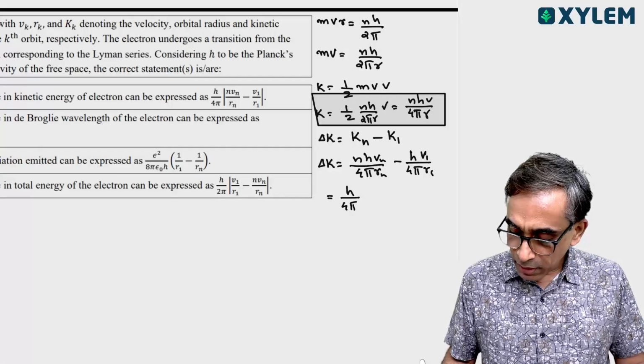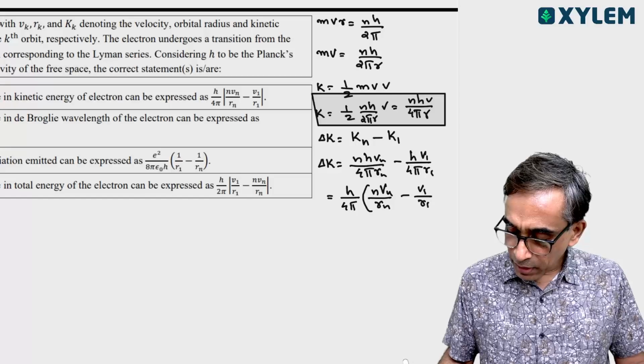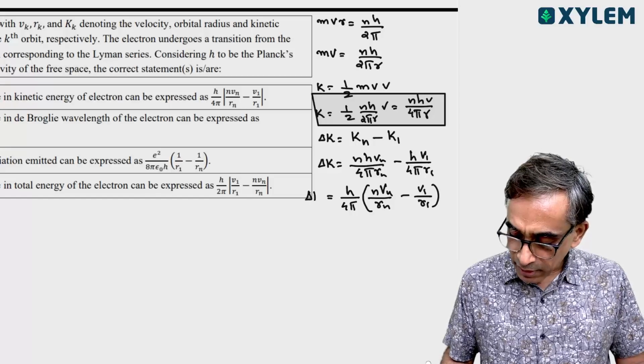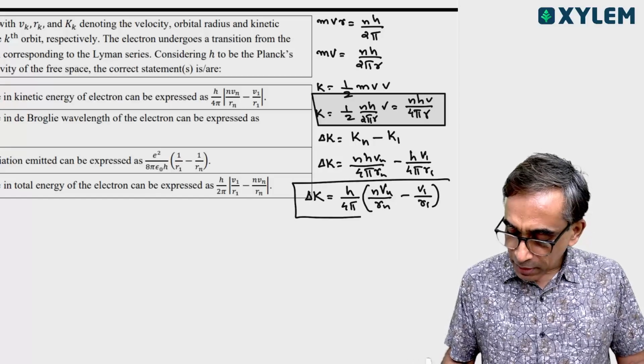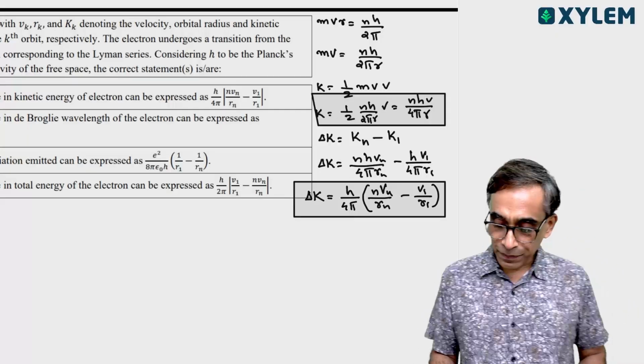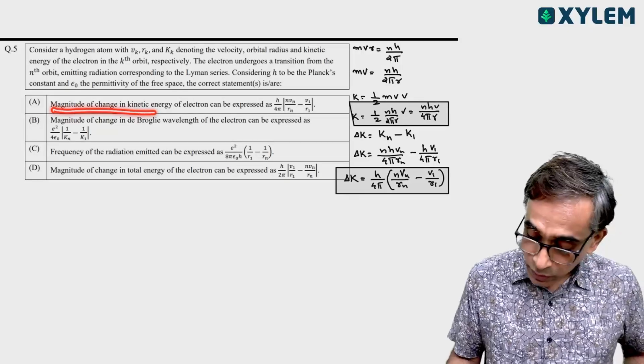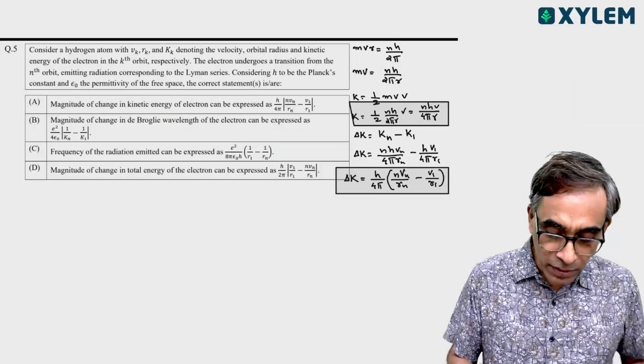In the bracket you'll get n vn by rn minus v1 by r1. So this is delta K. But when we calculate like this, its value will become negative. Once you take the magnitude, that means option A is correct.